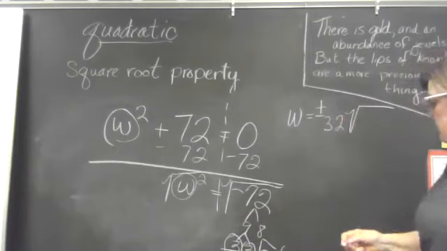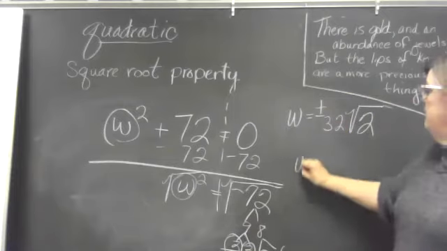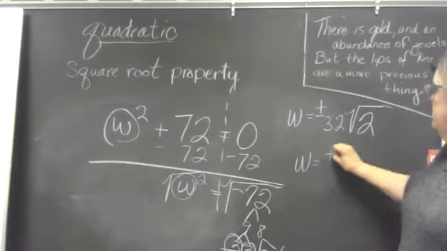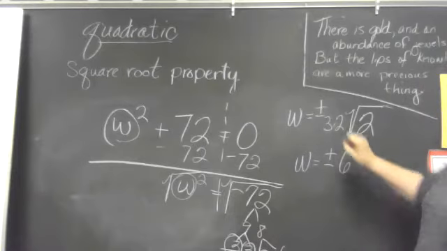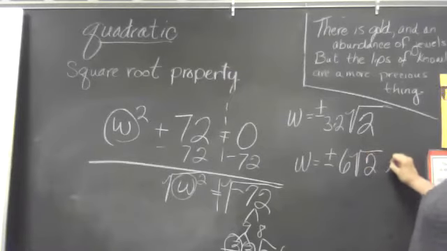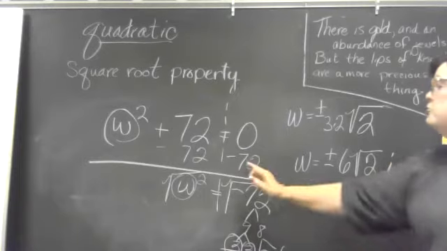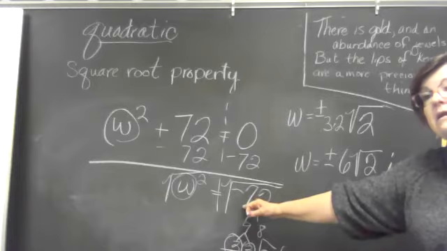I'm letting you know how they got the answer. So W equals plus or minus 6 square roots of 2, but if you notice, there is an i out here. That's how they deal with the square root of a negative.